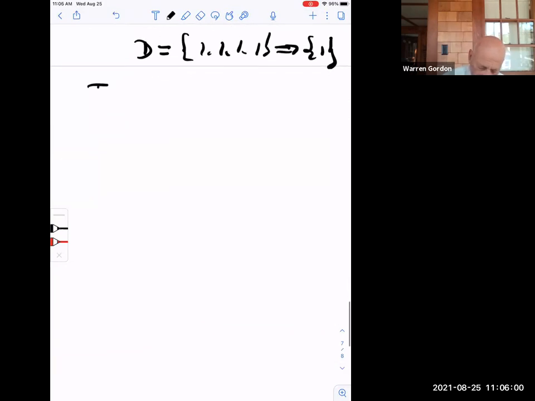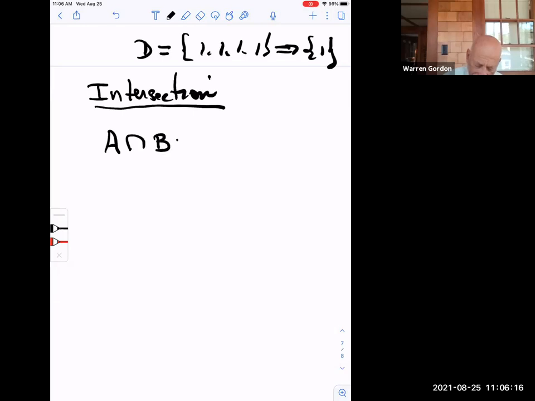The next notion is the intersection. Again, a lot of this stuff you probably had in elementary school, but I want to be complete and make sure we have it all because these are important for us. So we define the intersection, written A intersection B, as the set of all elements x such that x is an element of A and x is an element of B. Precisely those elements that are in both sets.